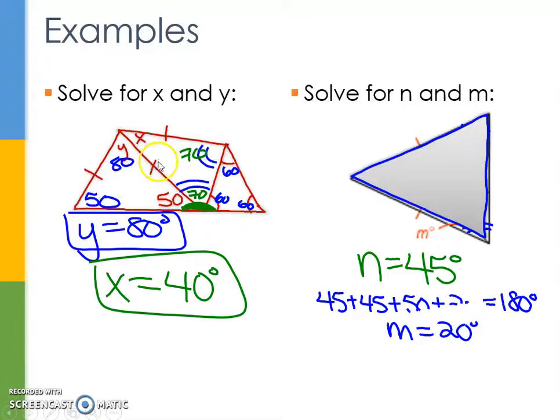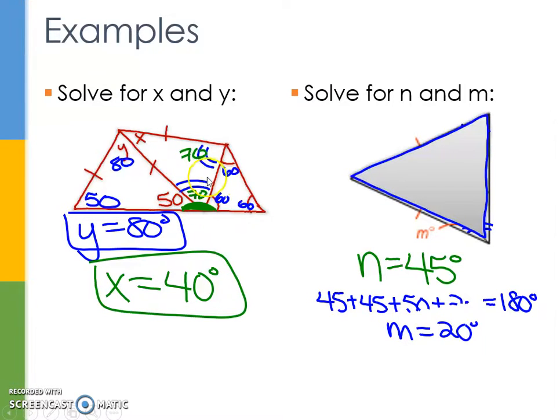If these three angles are all the same because of the marking, that means this is 60, this is 60, this is 60. This is a marking for equilateral. So I know this is 50, I know this is 60. What's this? That's 70, because all together is 180. 180 minus 50 minus 60 will be 70.